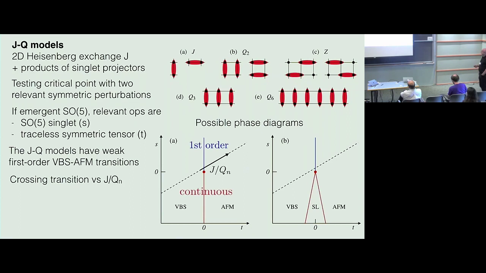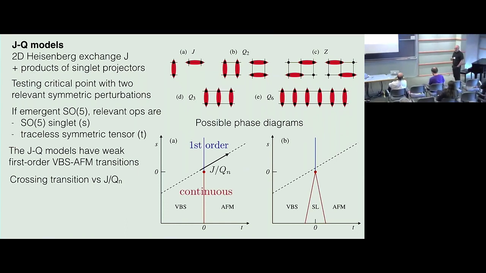But then, what's the role of all these different Q terms? Well, how far away do we actually cross? So with JQ2, we cross very close to the critical point. So it's the most convenient model for actually extracting scaling dimensions. But then if we go to Q3, Q4, and so on, and we did all the way up to Q6, we can actually move further up here, or maybe it's moving up here, but I just show it here.